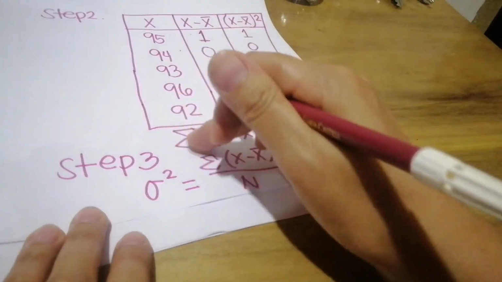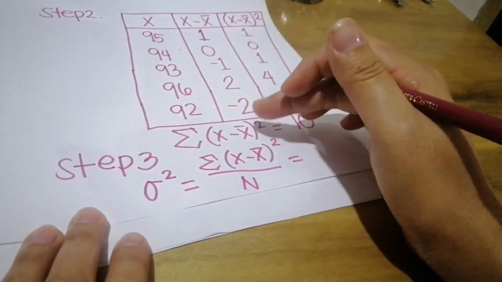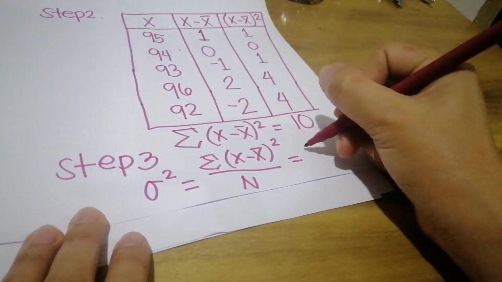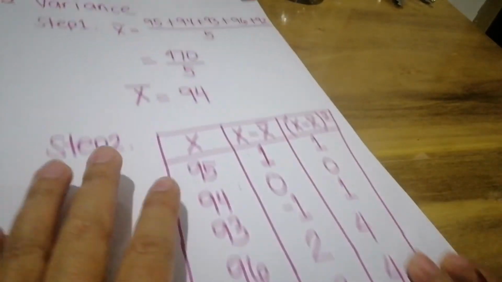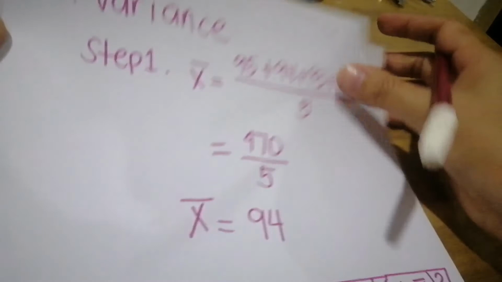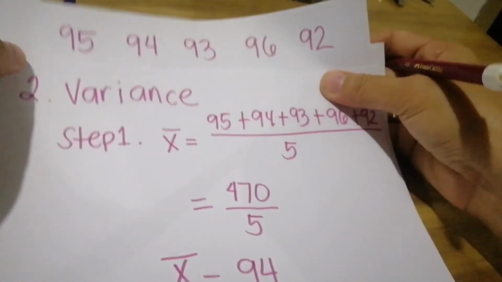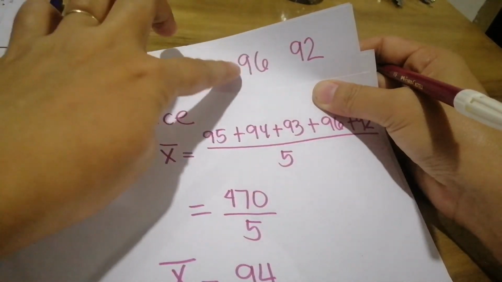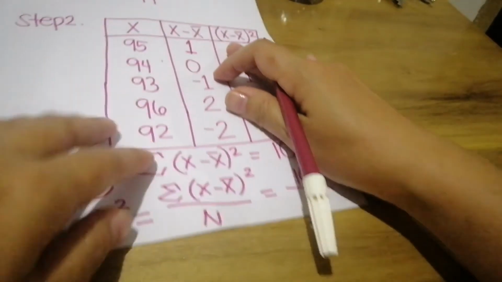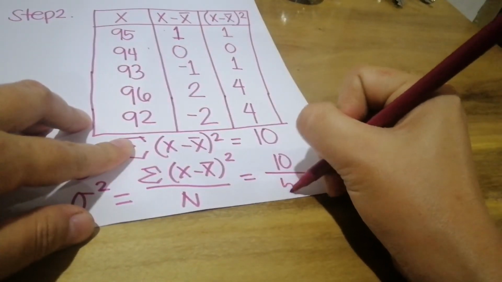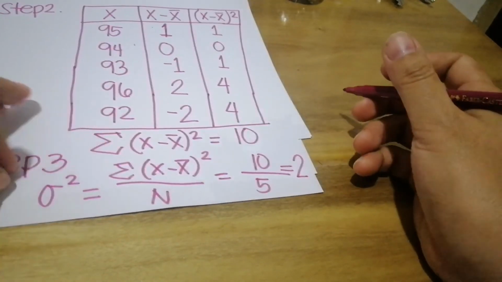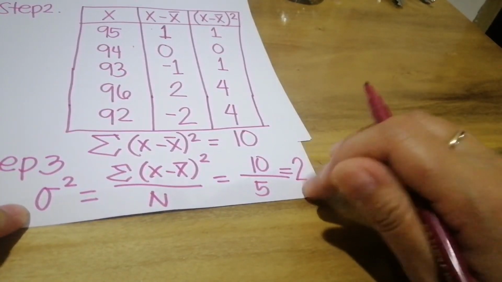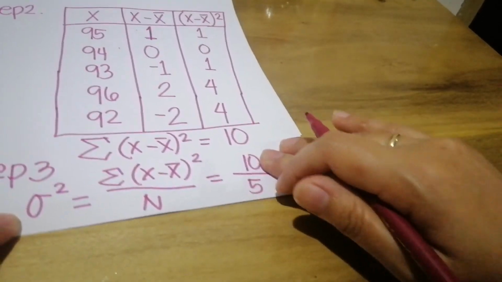Here in step 2, we have the value of the summation of x minus x bar squared, which is equal to 10, and n represents the number of elements in our data set: 1, 2, 3, 4, 5. So let's divide it by 5, and the answer is 2. That means the variance is 2.